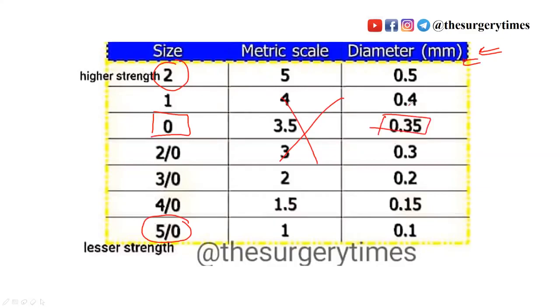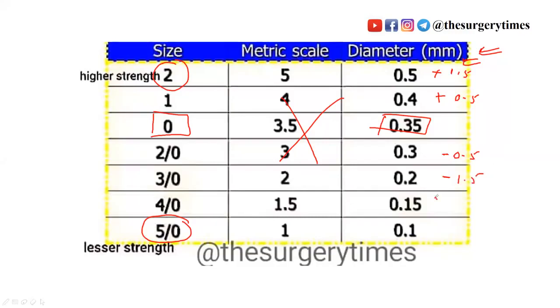In 1 it is plus 0.05, and in 2 plus 0.15, whereas 2-0 is minus 0.05, that is 0.3, and minus 0.15. This much you should remember.